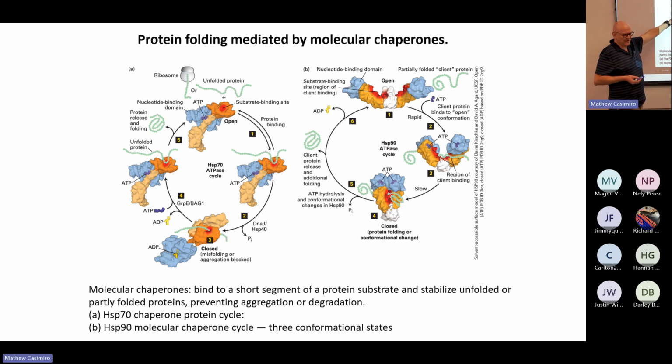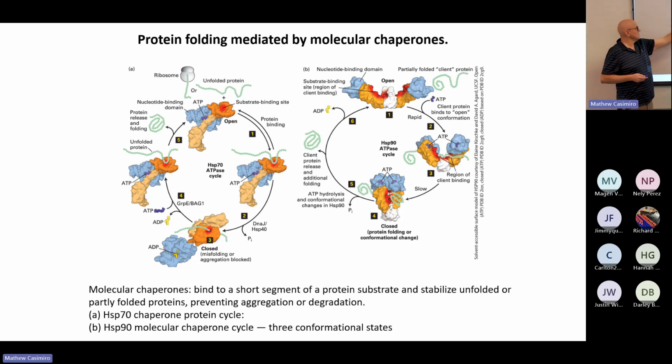What's occurring here is that the binding pocket is holding on to hydrophobic strands within the protein. So stretches of hydrophobicity are stabilized by binding to the HSP, stopping inappropriate hydrophobic interactions from occurring, allowing the peptide to fold correctly.